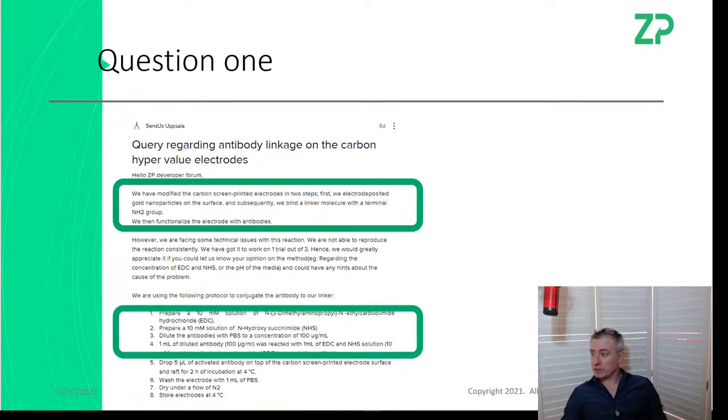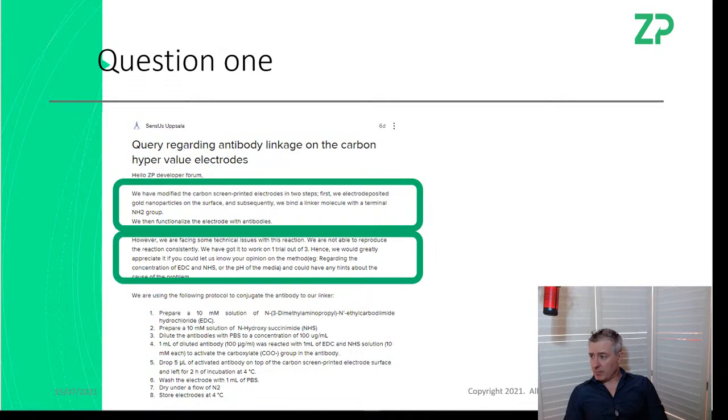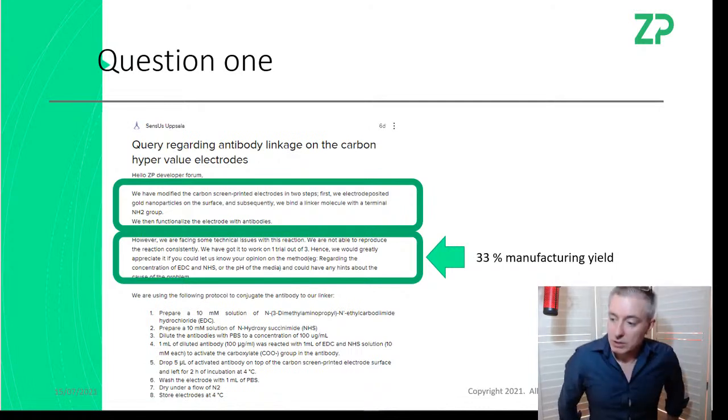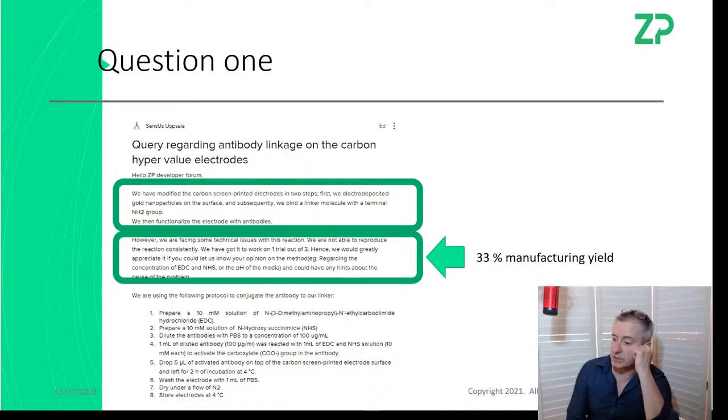Now, if I read the problems, essentially one of the problems is that only 1 in 3 of them is actually working. So that's a 33% yield. I was talking to a manufacturing engineer whom I very much respect, while consulting on a program together, about another project with a yield of 33%, and he said, oh, that's high.